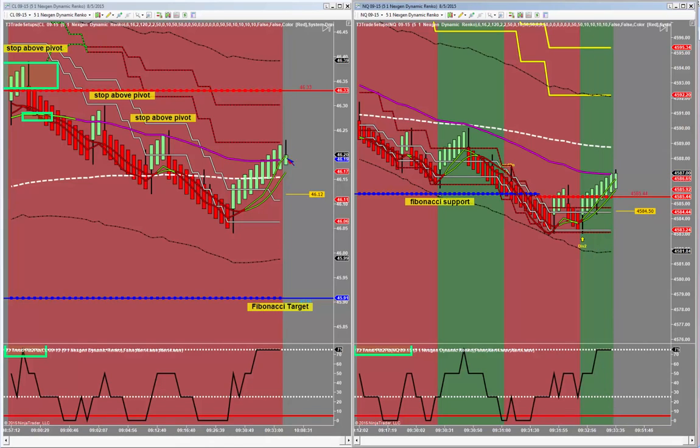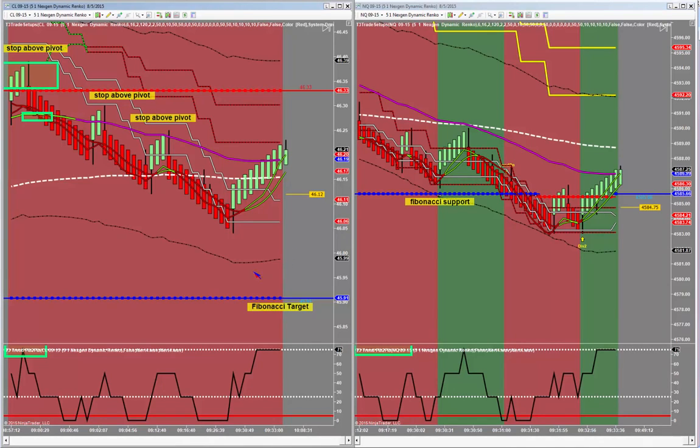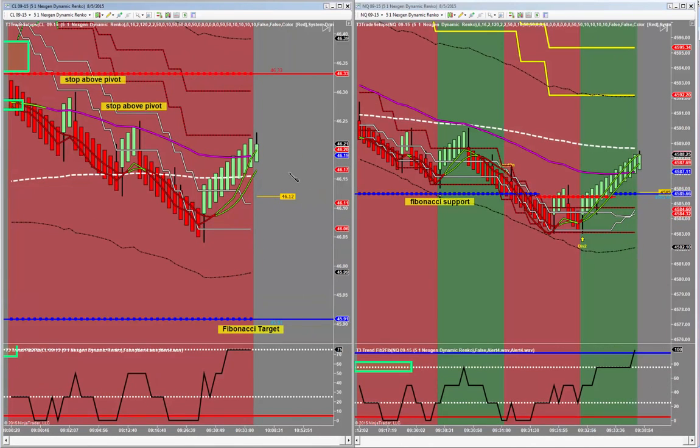If we get a reversal bar here, I'm going to make this really simple for you guys. I want you to watch the slower of the two triggers. So this is the one you're watching. If this slower trigger gets beyond the midband, the party's over.